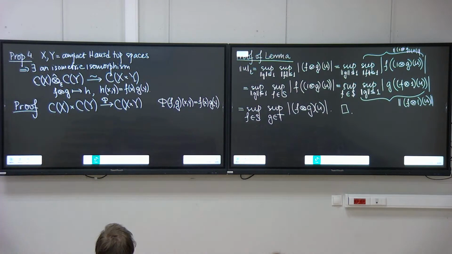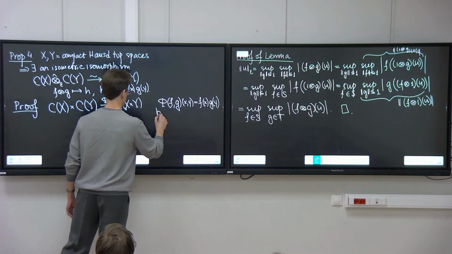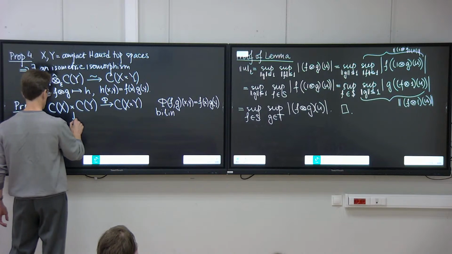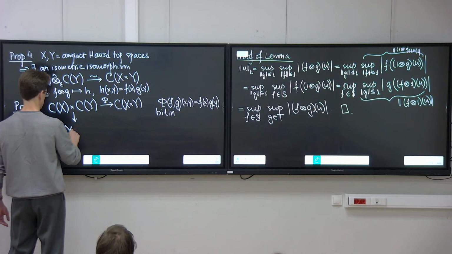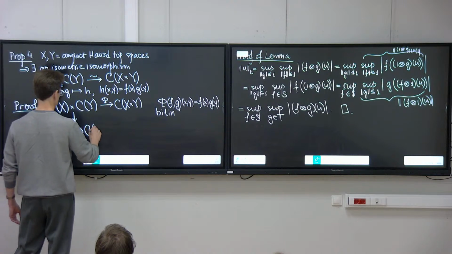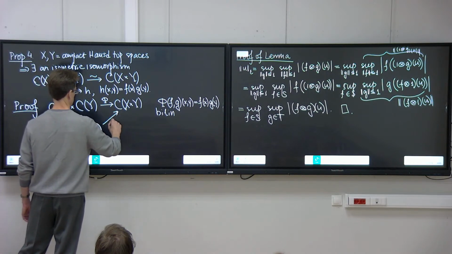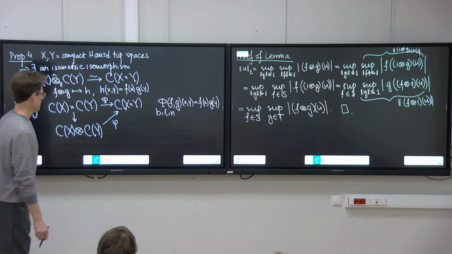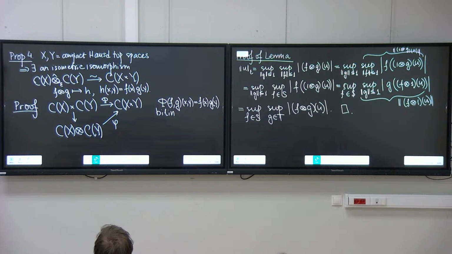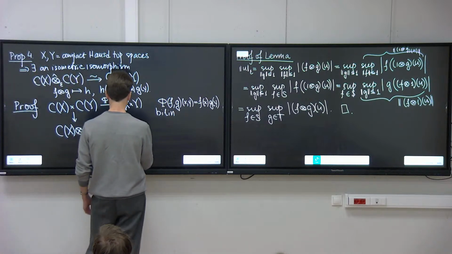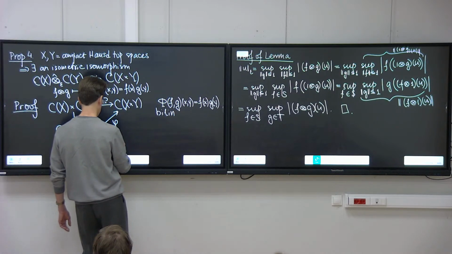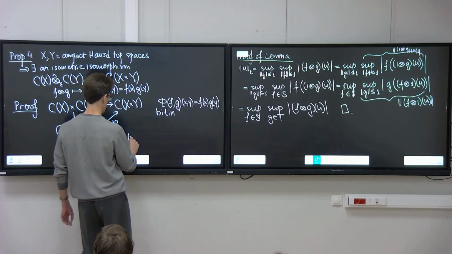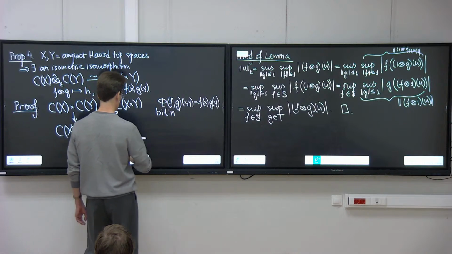So clearly phi is bilinear, so we can linearize it through the algebraic tensor product. Little phi is the linearization of big phi. And let's now observe that little phi is also given by the following concrete formula. Phi of u is the function given by the following formula.